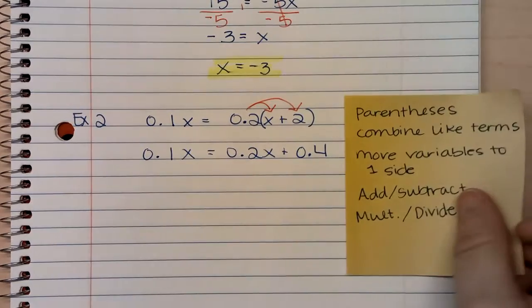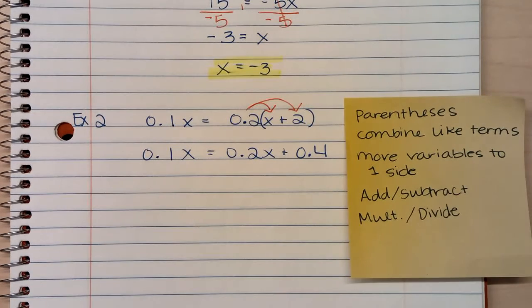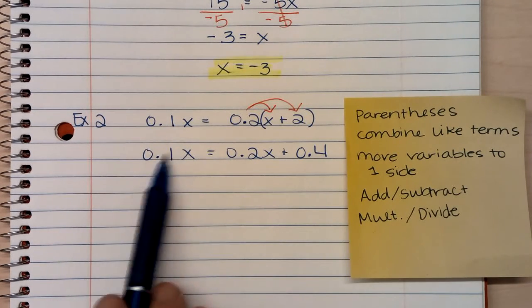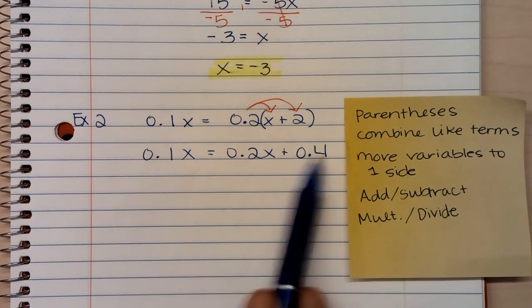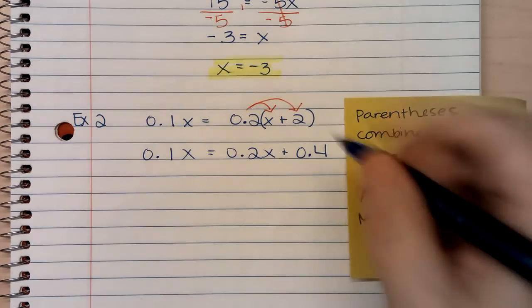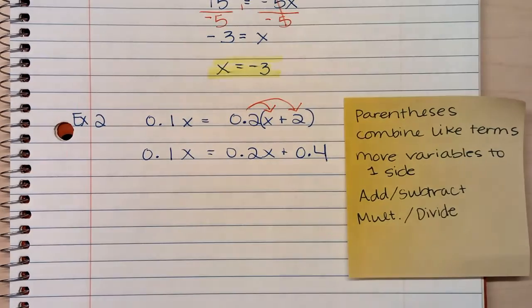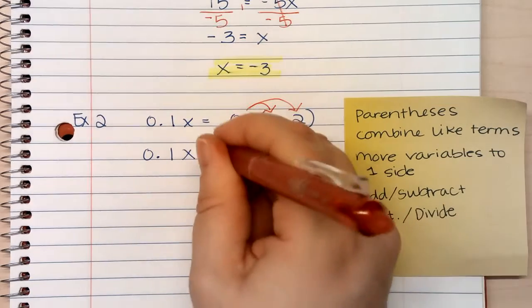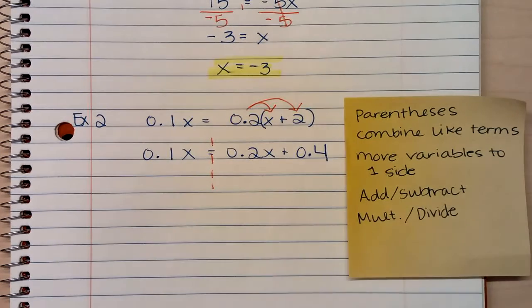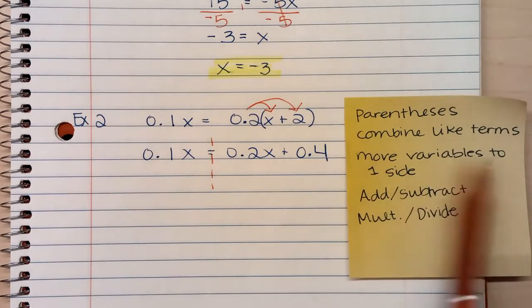Are there like terms that need to be combined? None on this side. This cannot go together with this. So we're going to go ahead and move to the next step, which is move variables to one side.